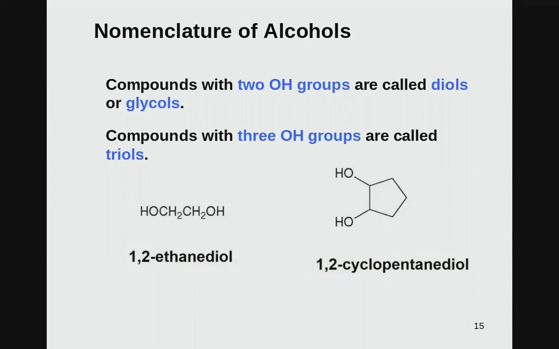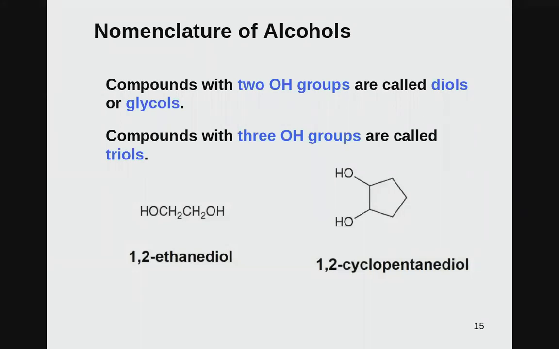Conversely, if we have a cyclic ring, 1, 2, 3, 4, 5, it's a pentane ring, so it's cyclopentane. I notice there are 2 hydroxyl groups, so I have to drop the E and replace it with diol, because again, di means 2 alcohols. Now, you'll notice here that I have 1, 2.